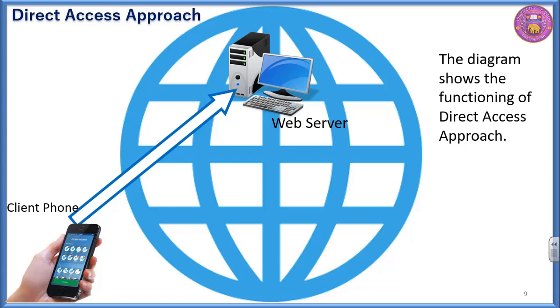On the website there are web pages and web pages are written in HTML language. The web server provides HTML written web page to the browser. Browser takes it back to the client phone and the browser converts HTML written pages into plain English language and shows it to the user. This is direct access approach.